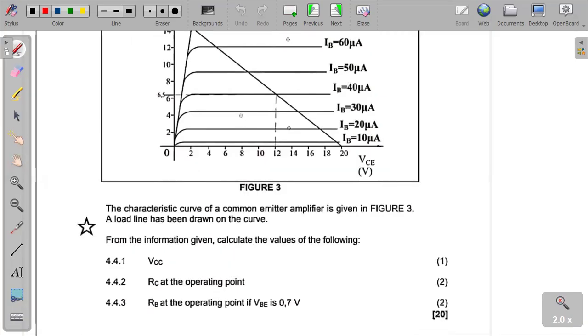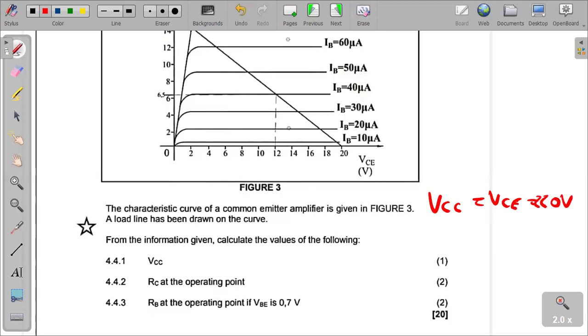From the information given, calculate the values of the following. Number 1, VCC. And apparently, VCC, it is just an interpretation of the characteristic curve, is equal to VCE, by the way, and is equal to 20 volts.